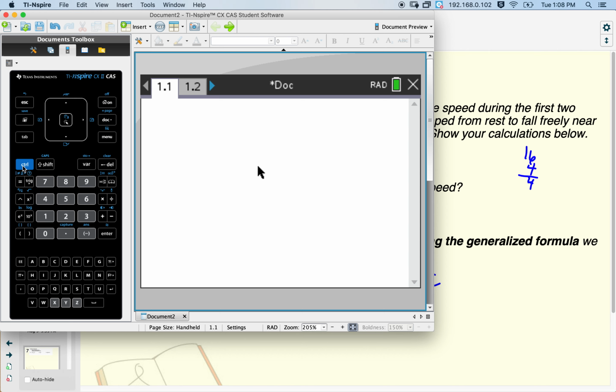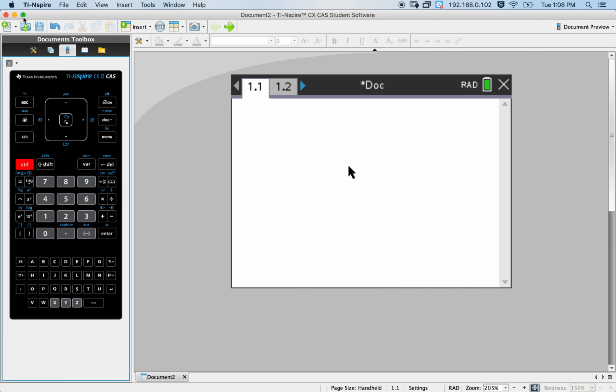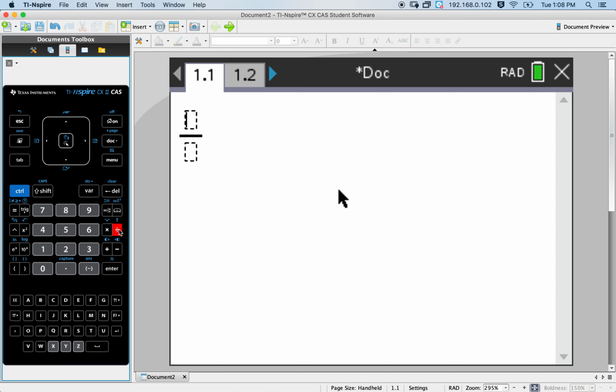I'm going to make a fraction bar, and that fraction bar is located above the division sign. If I make this a little bigger, would that help? Okay, so now vars is found right here.